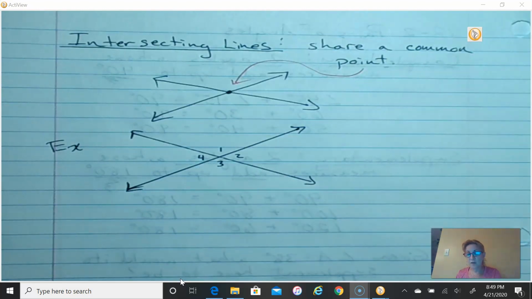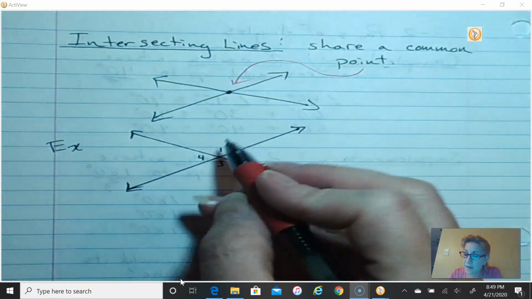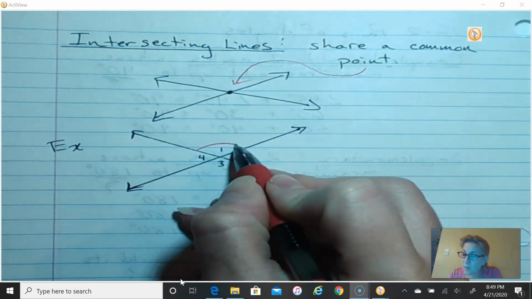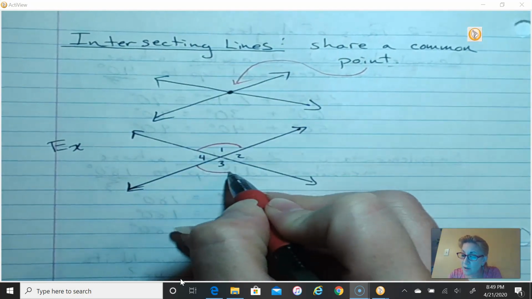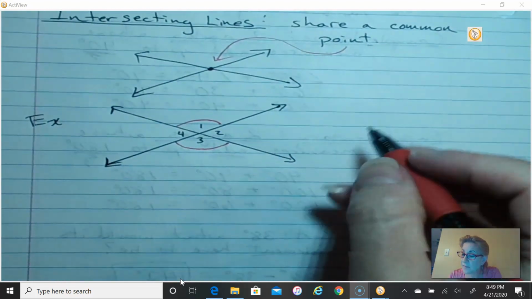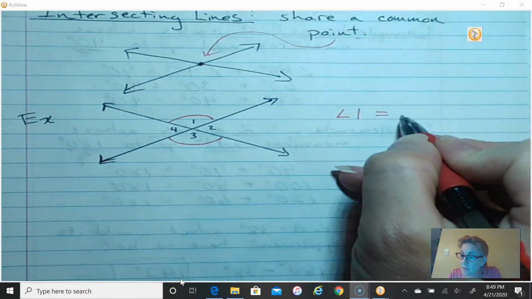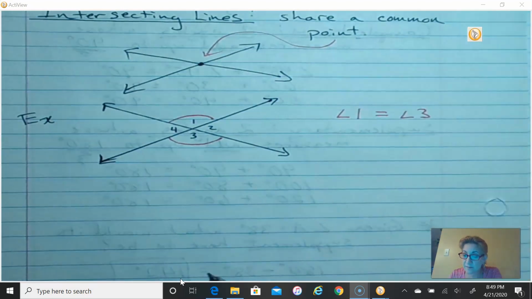Something you need to notice: with intersecting lines, angle 1 is going to equal angle 3. Angle 1 equals angle 3.